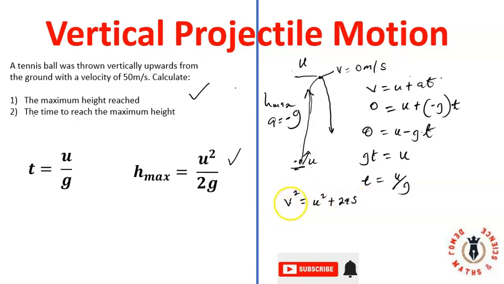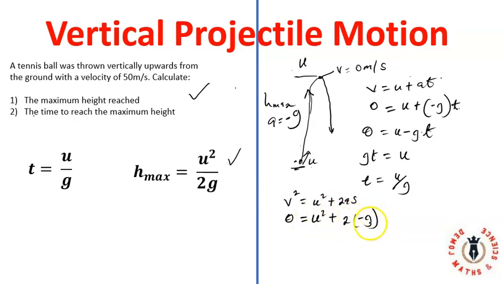Here our v is equal to 0 as we have stated. That means 0 squared is equal to u squared plus 2 into minus g, and our s here is the maximum height, which we refer to as h max. So 0 will be equal to u squared minus 2g h max.